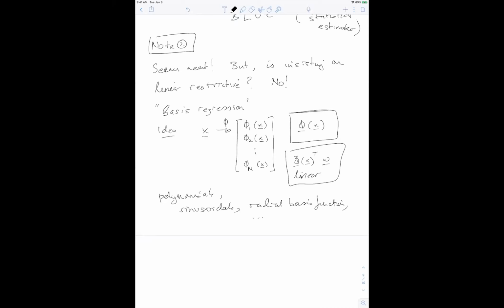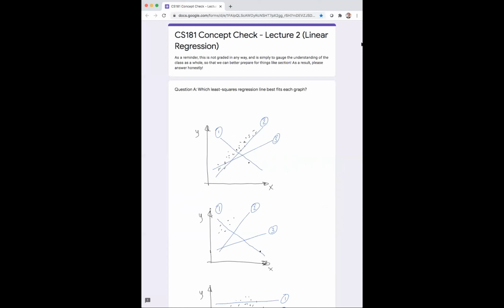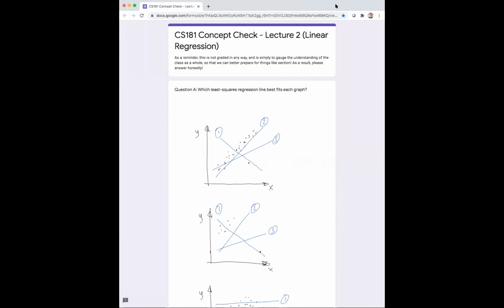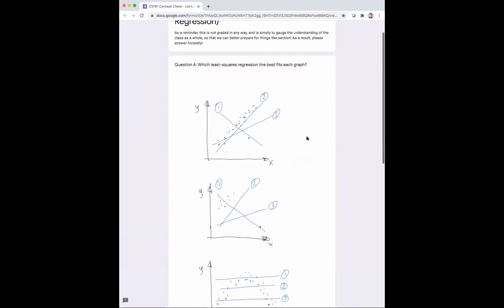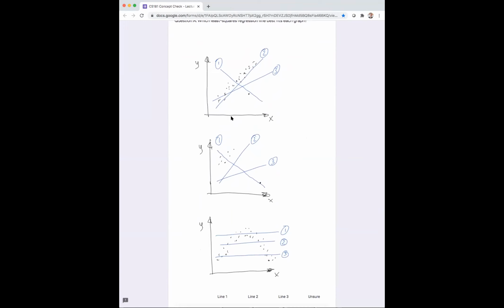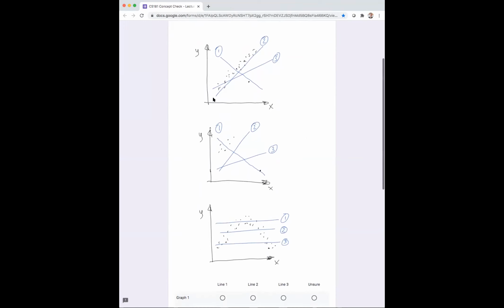So what I want to do is do a quick concept check with you all. Let me just walk you through this, then we'll go into breakout rooms, and then I'll tell you what you should have thought the answer was. Question 1, there are 3 examples of data sets, just one-dimensional x versus y.